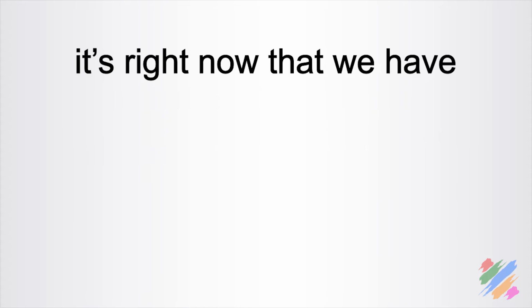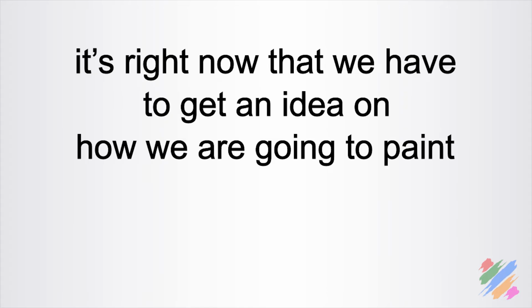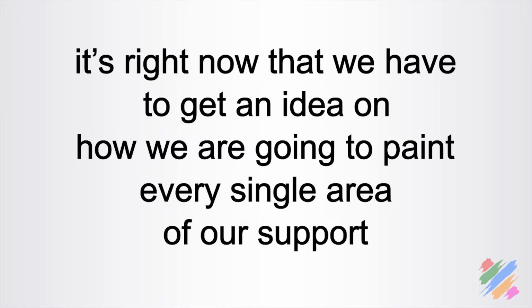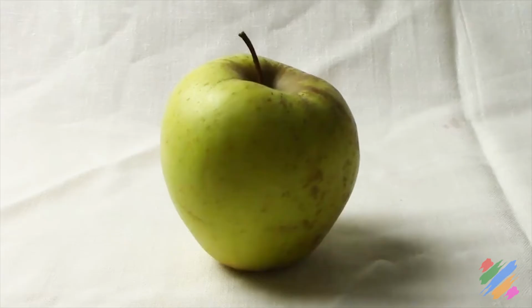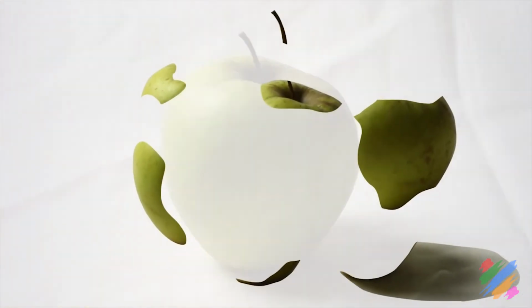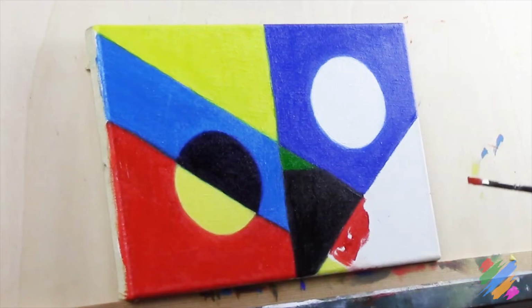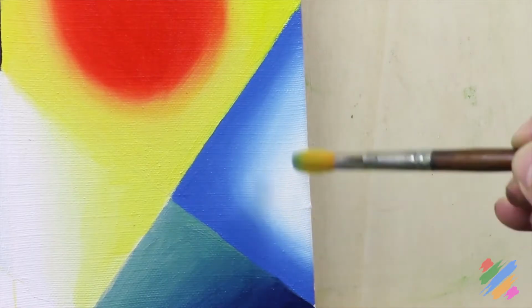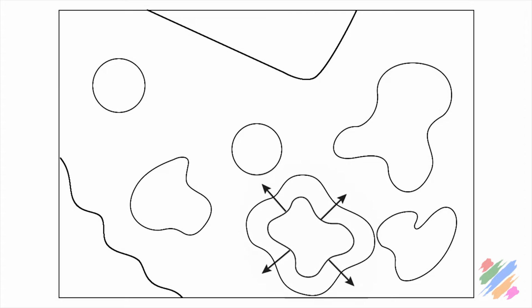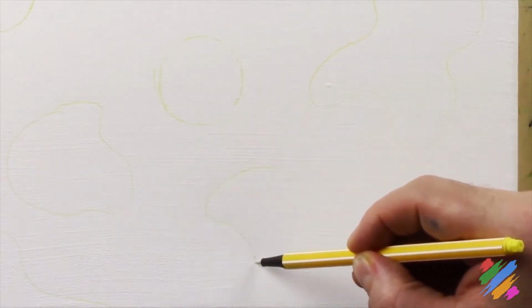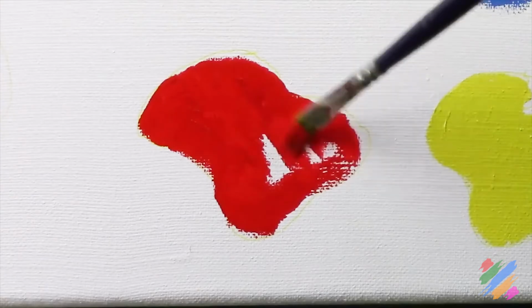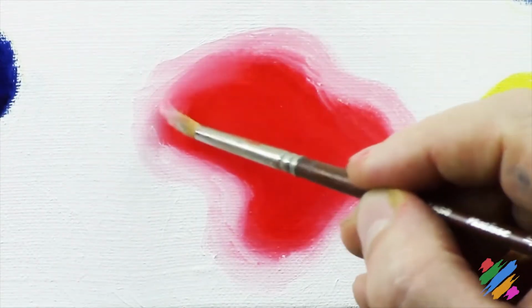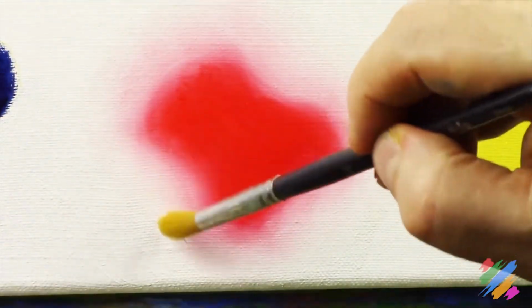It's right now that we have to get an idea on how we're going to paint every single area of our support, interpreting what we see and bringing it down to something that we can do painting uniform areas, blending and fading colors. Then, according with our decisions, we have to draw some lines on the support that will help us representing the area in the way we want it.